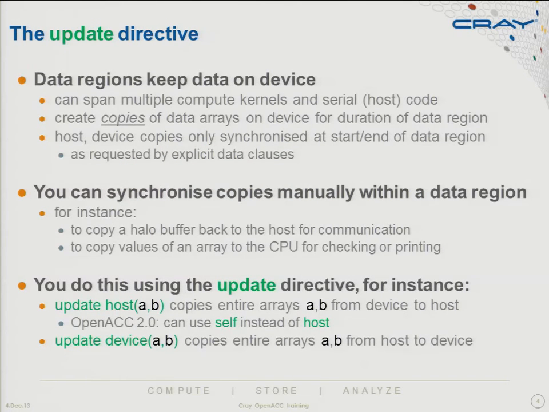And this is a manual copy. This isn't something the compiler does automatically for you. It's you saying, I need to get these values back to the CPU now, or I need to send updated values to the GPU now.